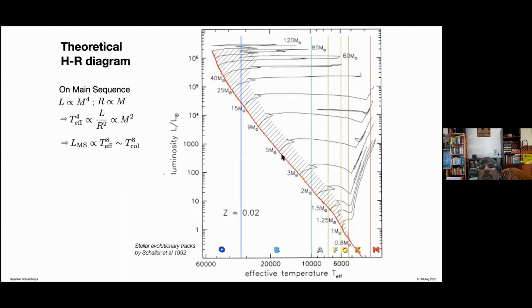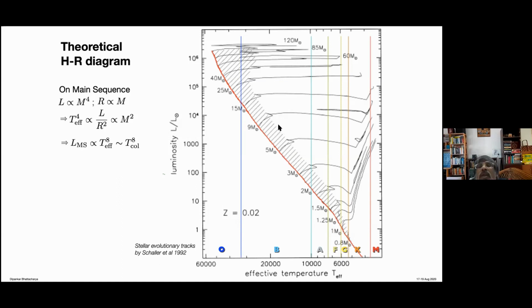So main sequence itself, of course, doesn't stay as a single line, because you may start with a certain composition when the star just starts burning hydrogen, and that is called zero-age main sequence. But over time, the composition inside the star will change, because some of the hydrogen will convert itself to helium. And that change in composition, while hydrogen is still the primary burning material that is providing energy, will cause a change in the relationship between temperature and luminosity in this diagram.